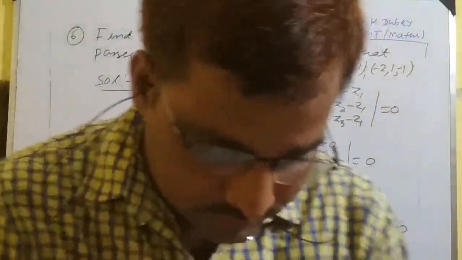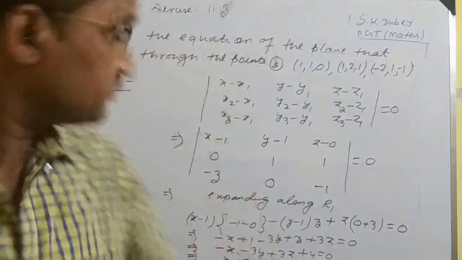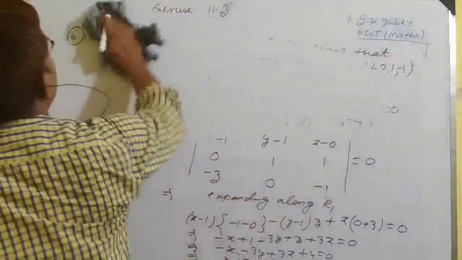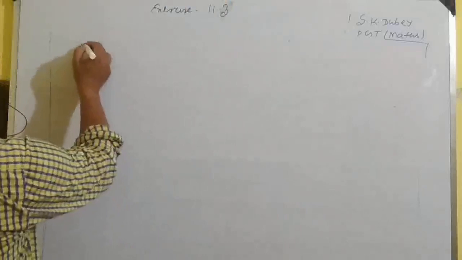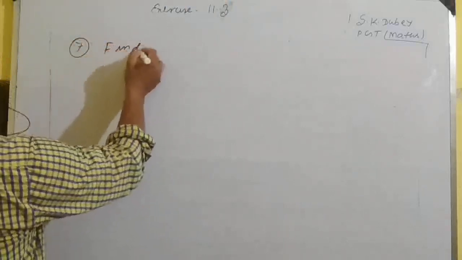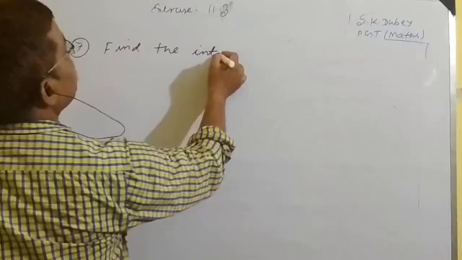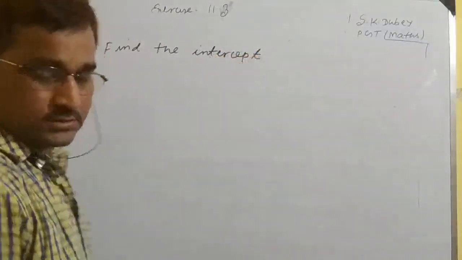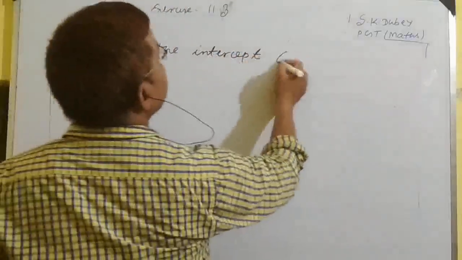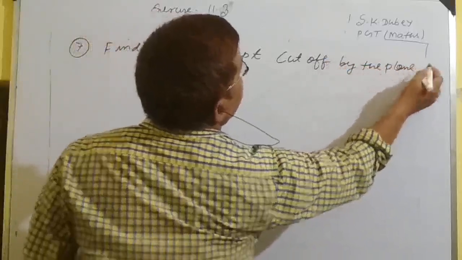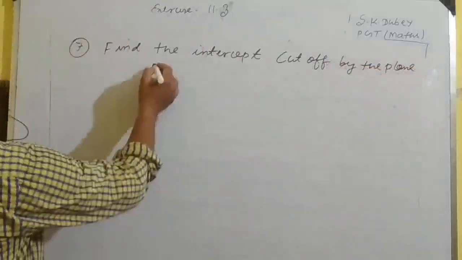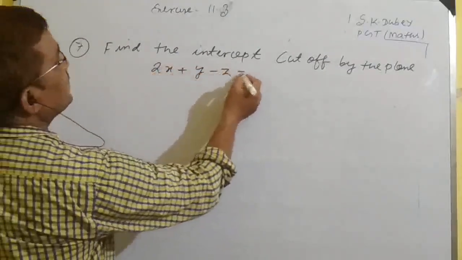Next question is: find the intercepts cut off by the plane 2x plus y minus z is equal to 5.